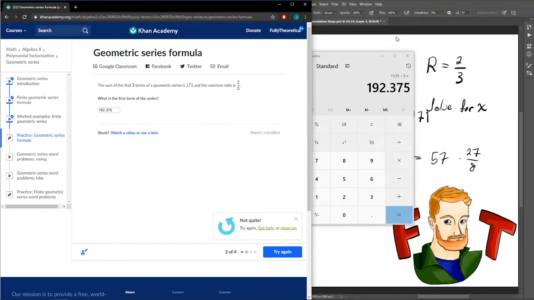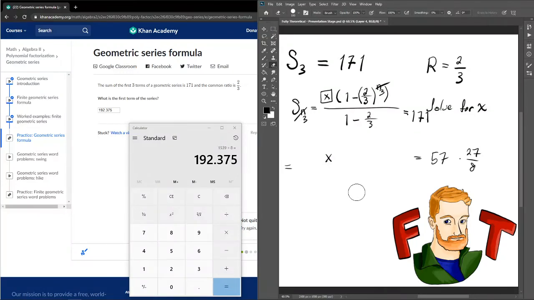Where am I making a mistake? First three terms, x times 1 minus r to the n. Maybe the negative has something to do with it.